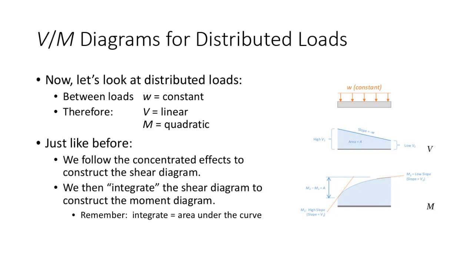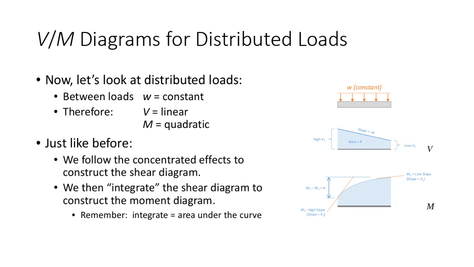From a math perspective, the shear diagram had a slope of 0, so they were constant functions, and the moment diagram was a sequence of linear functions.